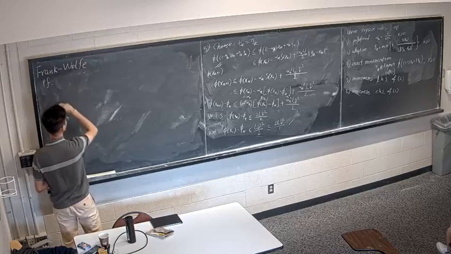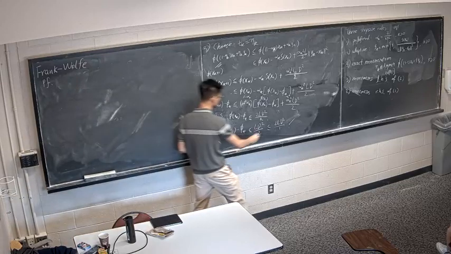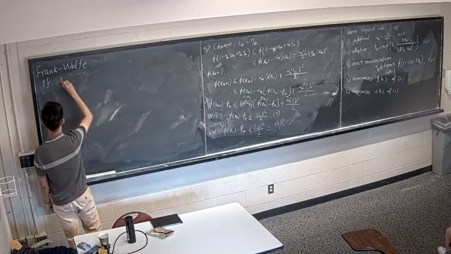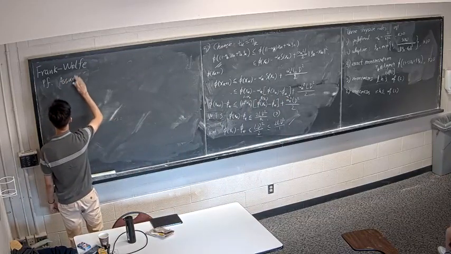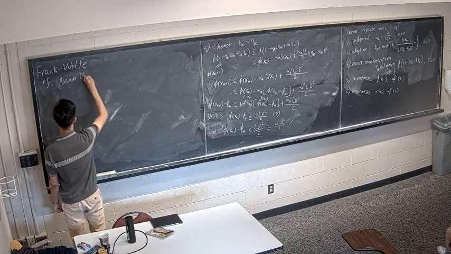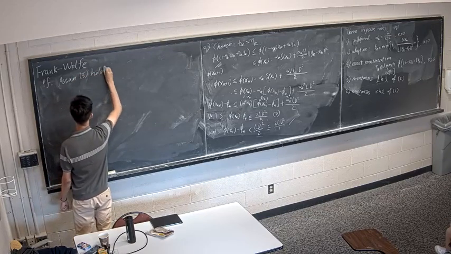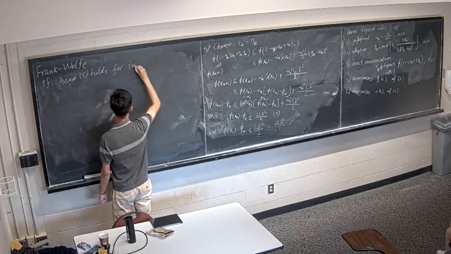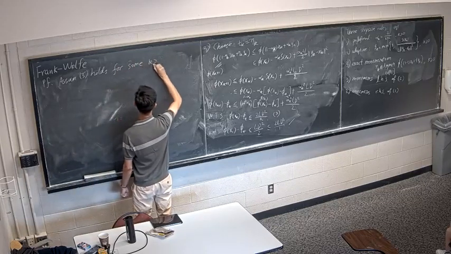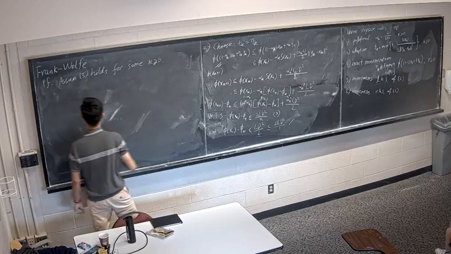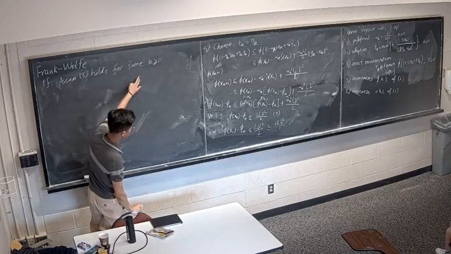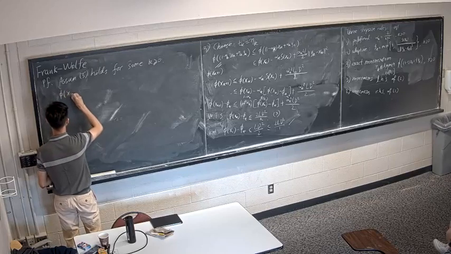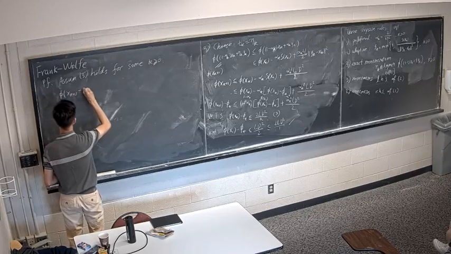So now let's assume 3 holds for some k greater than or equal to 0. And then let's think about phi xk plus 1 minus phi star.